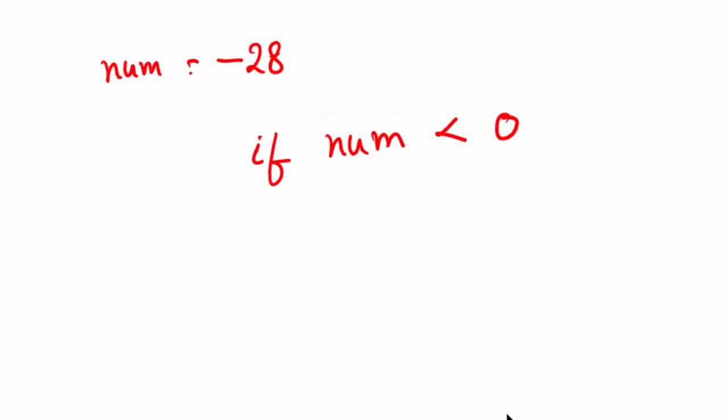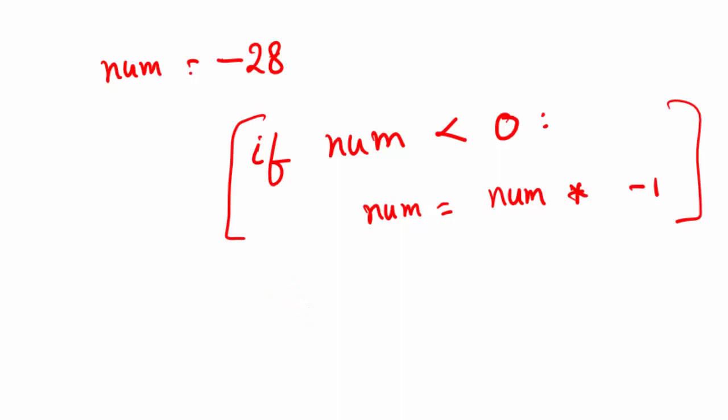If number, say num equals minus 28, if num less than 0, then num equals num into minus 1, which is basically flipping the sign. Else, you don't have to do anything.